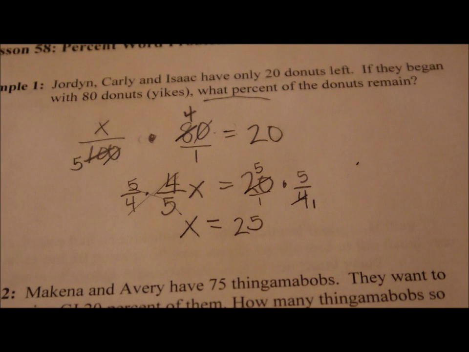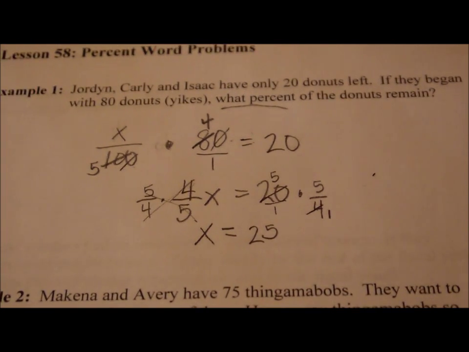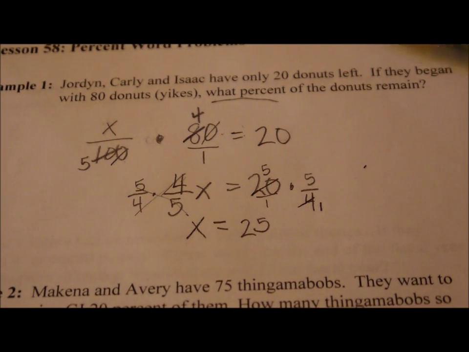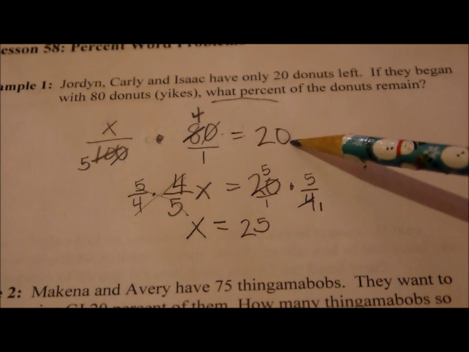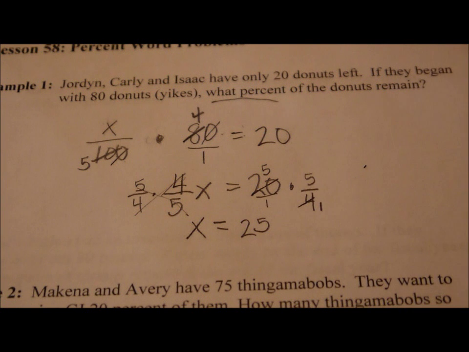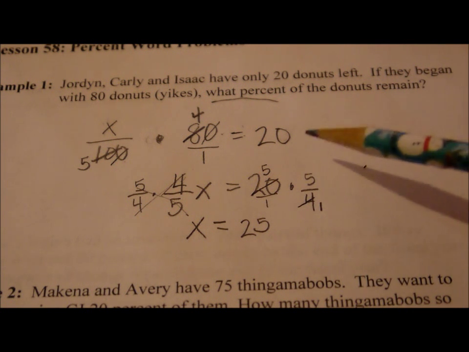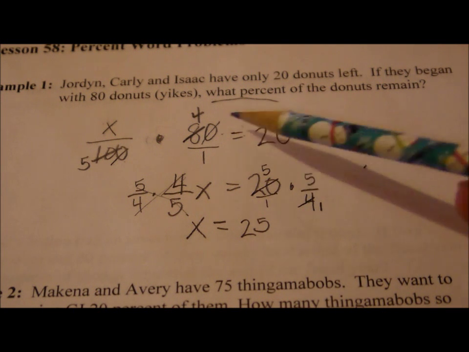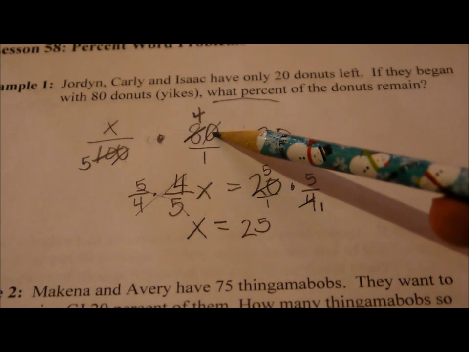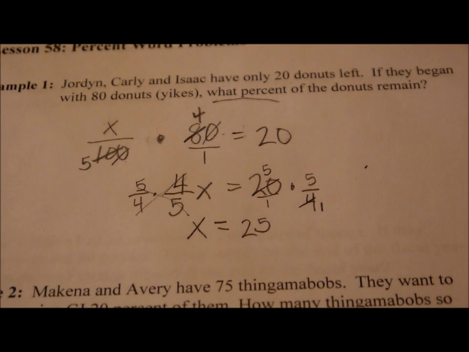So I go back to my original question and say, okay, is 25% of 80 20? It is, because 25% is actually a fourth. So if we multiply 20 times 4, we get 80. You might have even already noticed that 20 was a fourth of 80, and therefore you can decide that's 25%.